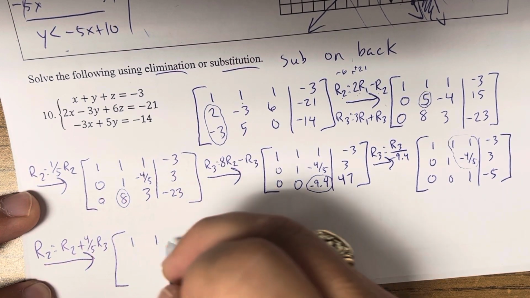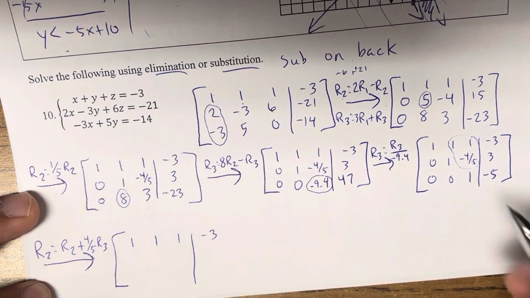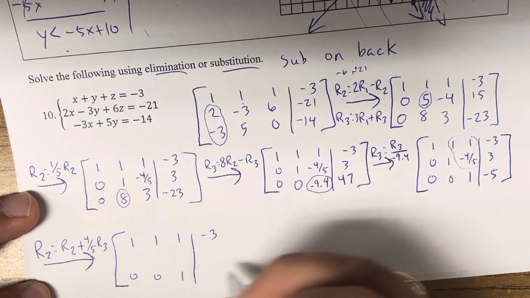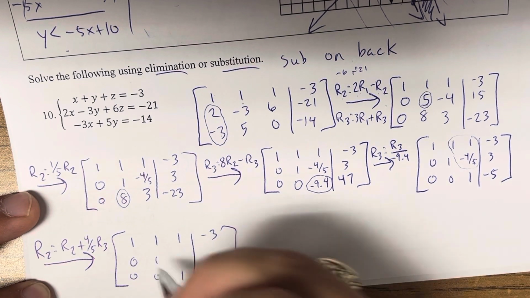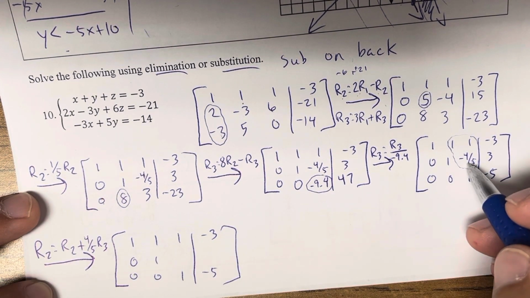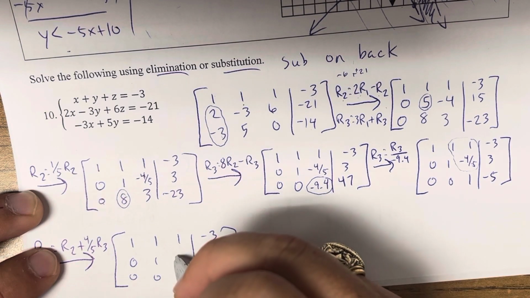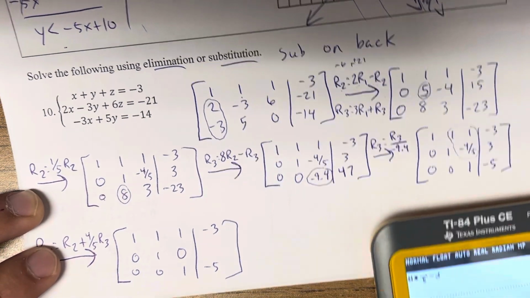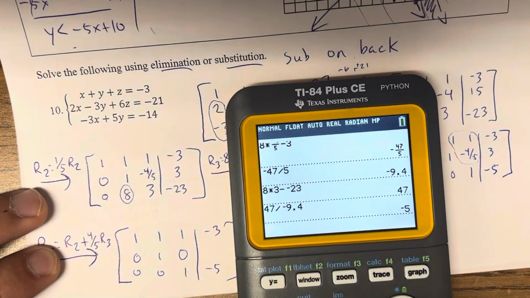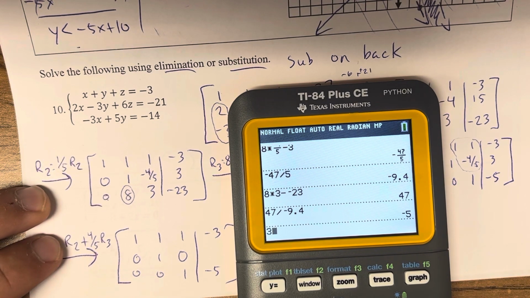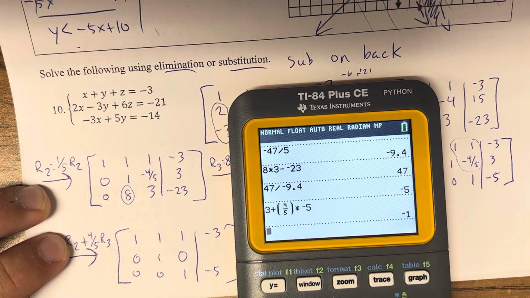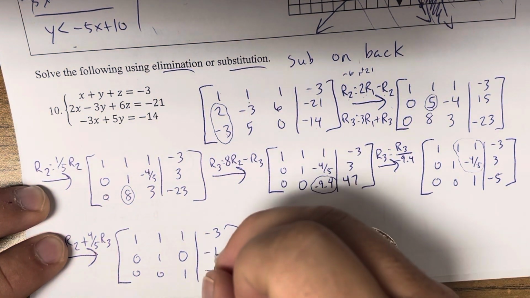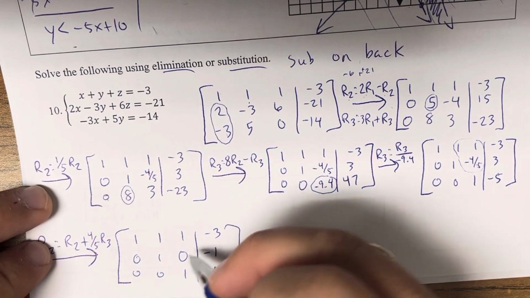And so we have 1, 1, 1, -3, 0, 0, 1, -5. And then for my middle row, 0 and 1, those aren't going to change. But then -4/5 plus 4/5 will be 0. And if we need to, we can plug this last one in the calculator. We're going to have row 3, which is 3, and then plus 4/5 times -5, which is -1. All right, so we got 0 there.